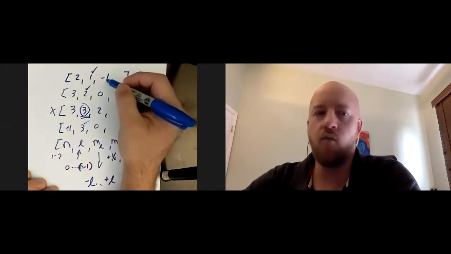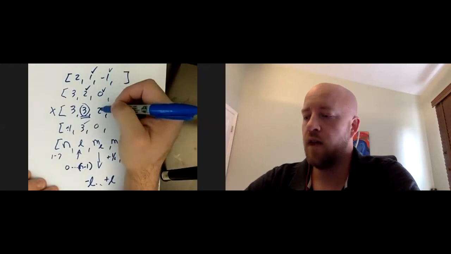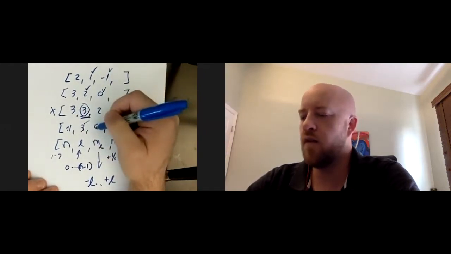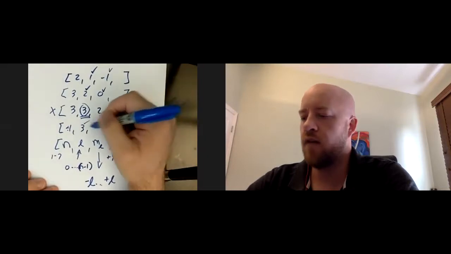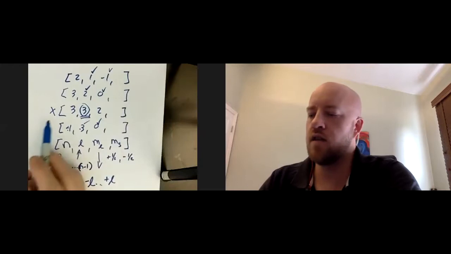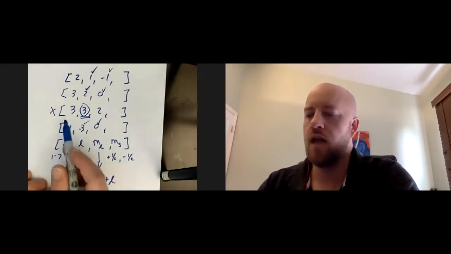Negative 1 is within that range, 0 is fine. 2, again, it doesn't really matter, we've already eliminated that one. And 0 is, again, fine for a value of 3. So we'd say this one here is not allowed because the L value cannot be greater than or equal to the N value.